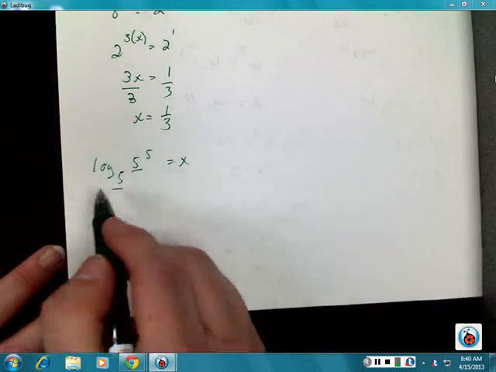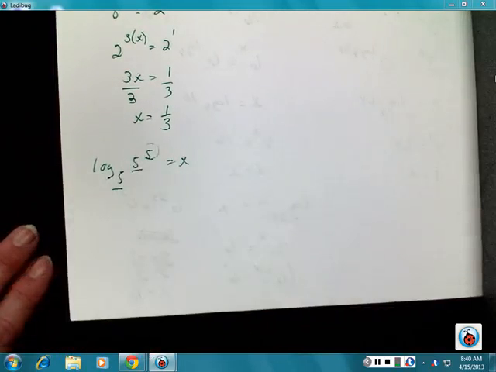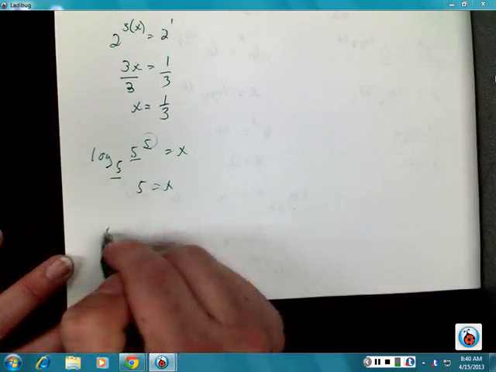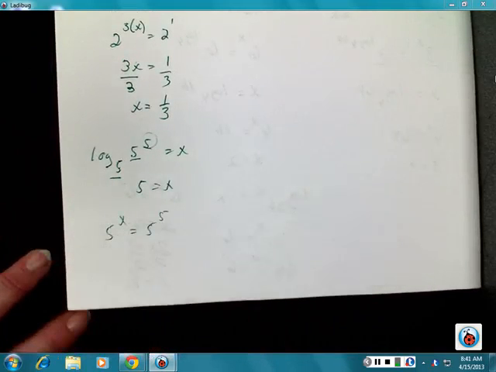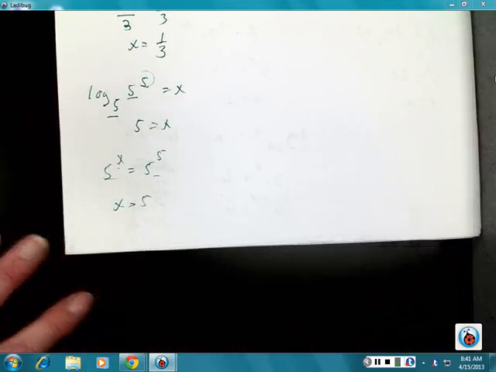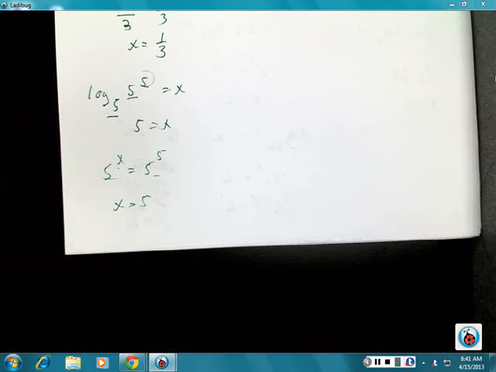These two match, so your answer is simply that value up there. If you don't remember that, then it's 5 to the x equals 5 to the 5th. Bases are the same, so x is equal to 5. So you know what you got with that one. Okay? So your answer would end up being 5, of course, with that one.